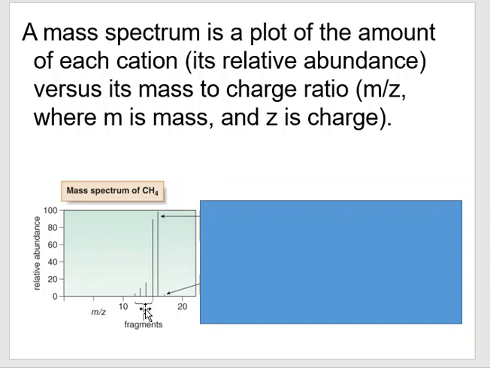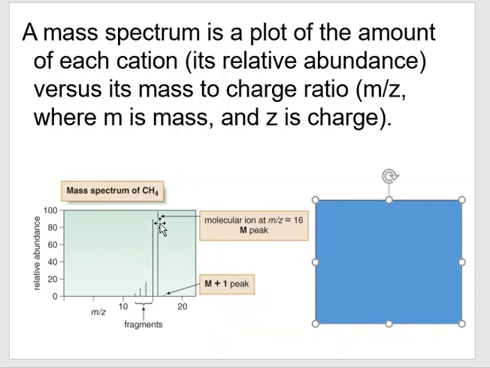Down at the bottom, we have our mass to charge ratio, m over z, where z is the charge of the ion and m is the mass. Typically z has a +1 charge, and so really this is just the mass of the ion that's being observed.